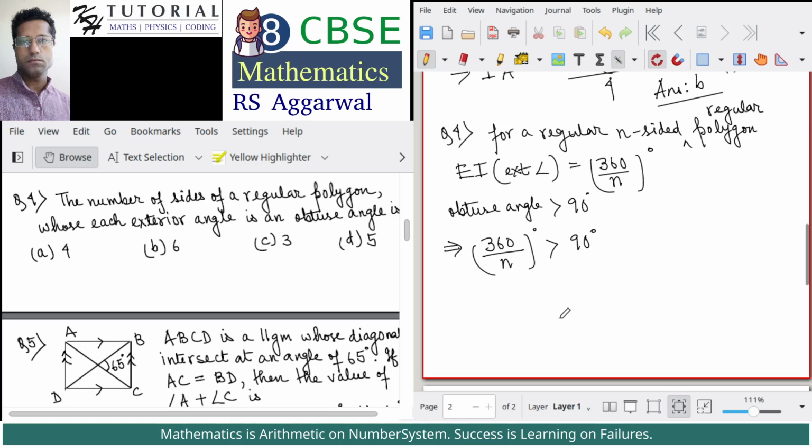So we have to solve now for n. This is a kind of inequality, even though you have not studied inequality, but it is good if you know the very basics of inequality. Let me first solve the problem, then I will explain a little bit about the inequality. In solving a linear equation, you can multiply both the LHS and RHS by a non-zero number.